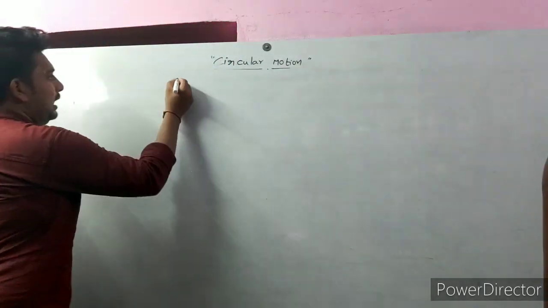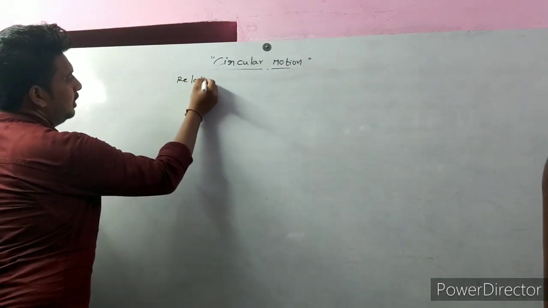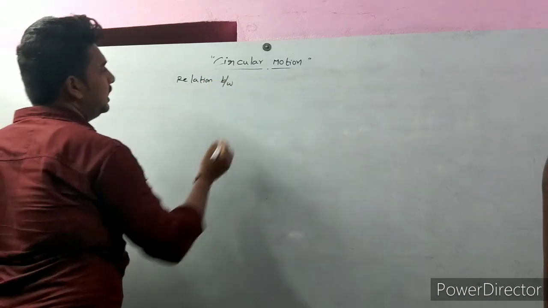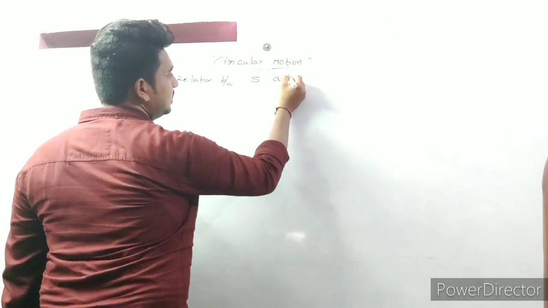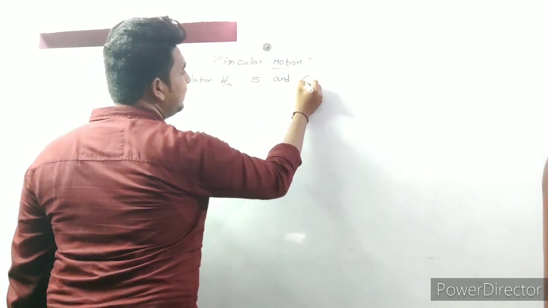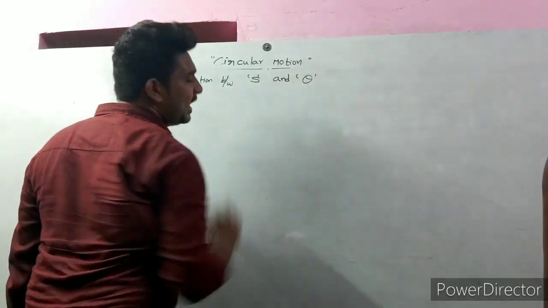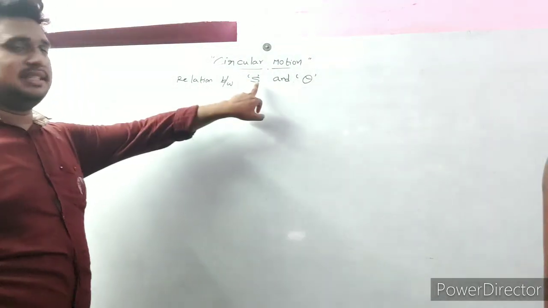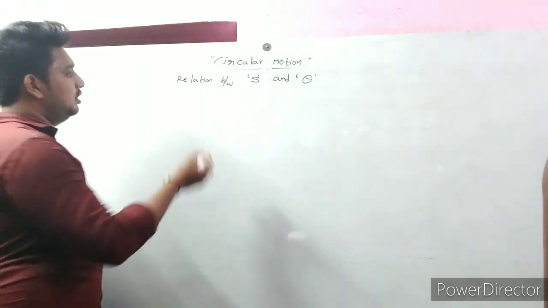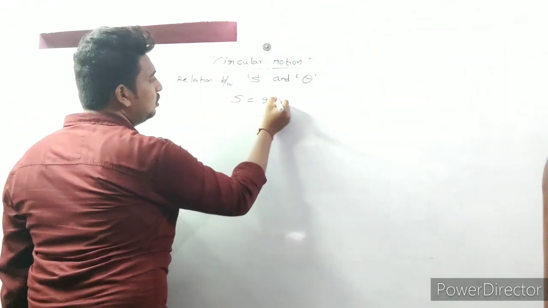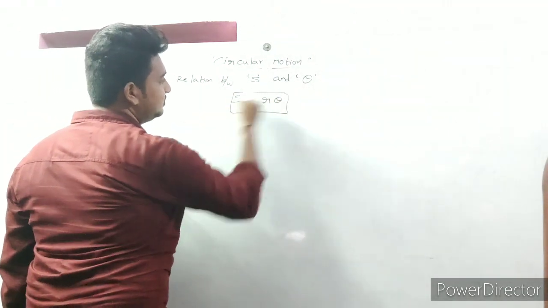So, a simple relation between linear displacement and angular displacement. Angular displacement is indicated with theta. S means linear displacement, theta means angular displacement. So linear displacement is equal to r into theta.